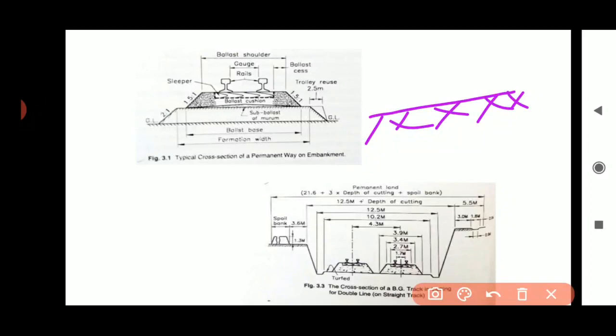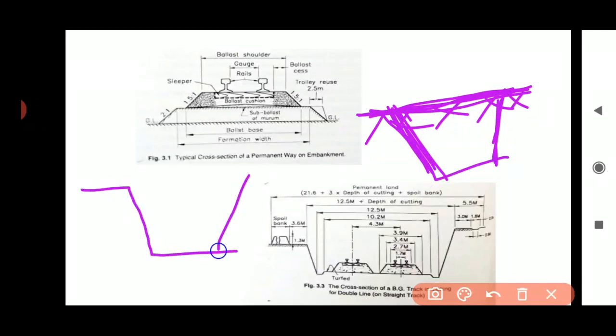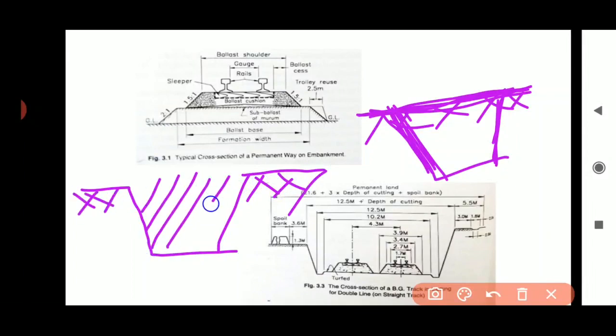And if we cut here, or if we excavate the earth below this natural ground and make the formation this way. This is the natural ground and we excavate this part. We excavate the earthwork in this part and we make the formation this way.